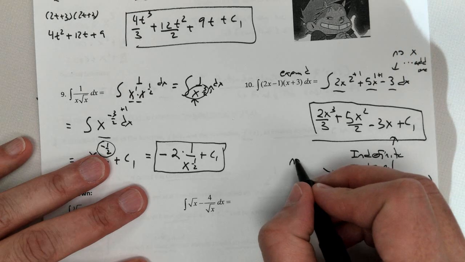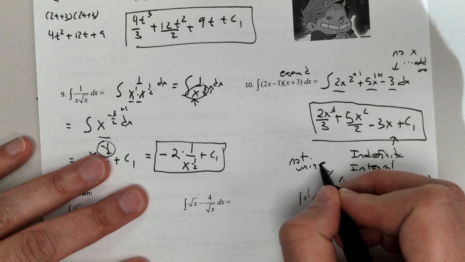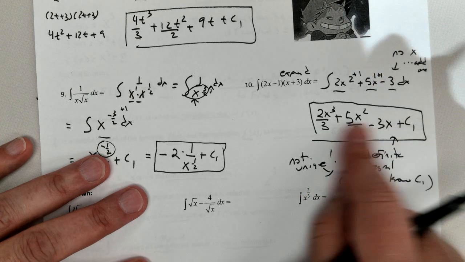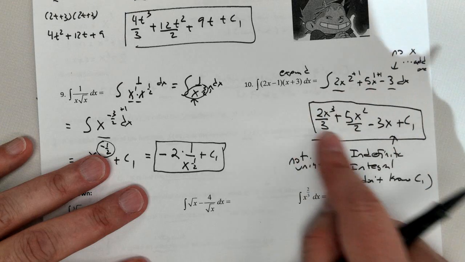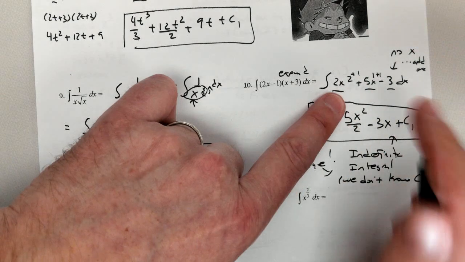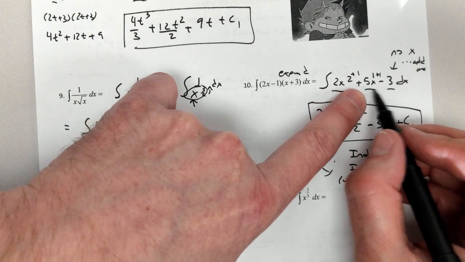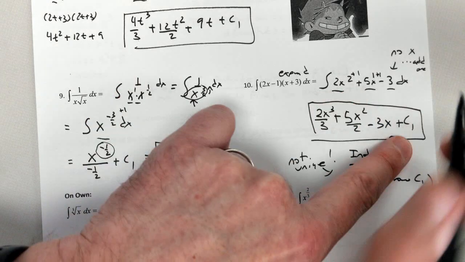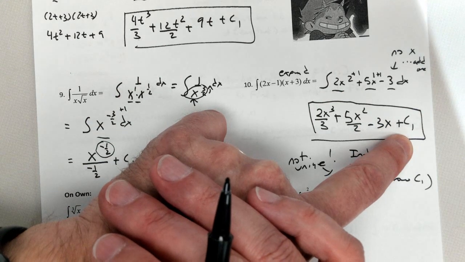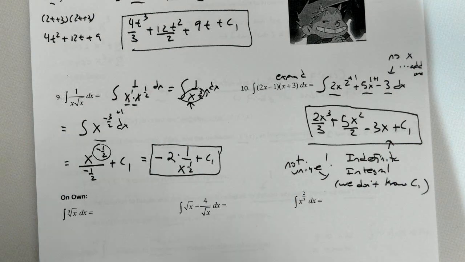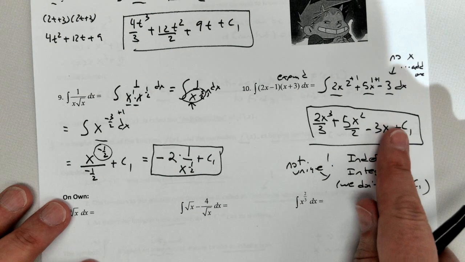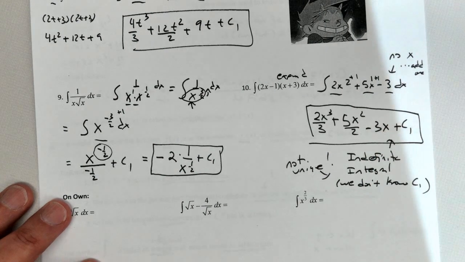In other words, this is not unique. Remember, there are lots of functions in this family of functions that will have this 2x squared plus 5x minus 3 as a derivative. They all just differ by a constant. So that's why we say it's not really unique. Now later on, in a few days, we are going to find c there.